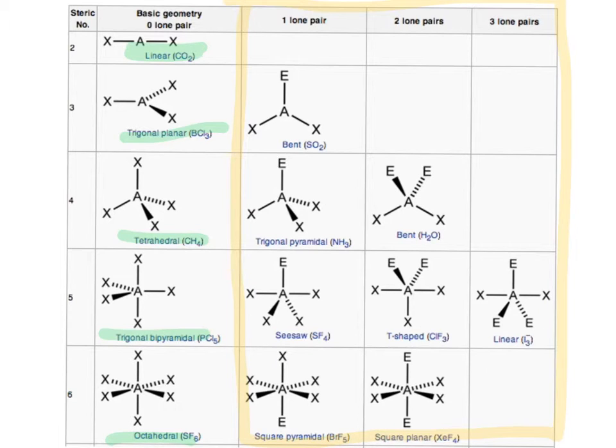So for example, if we think about our first subcategory, first of all, there are no subcategories for the linears, absolutely none. For the trigonal planar, we have bent, and we have an AXE on that one of AX2E1.